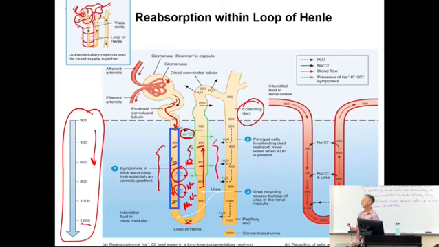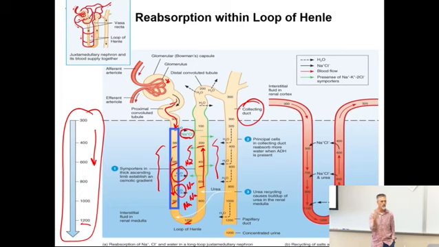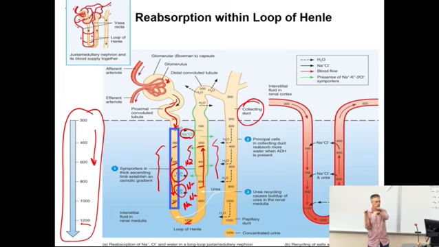Water can only move according to osmosis. There's no active transport of water where it's pushing it one place or another. It only moves via diffusion or osmosis. So we've got to create some sort of gradient for it, right? We have to have a place where water is higher concentration compared to another area where it's lower concentration. And the way that we make a solution with lower concentration of water is we pile more solutes in there.